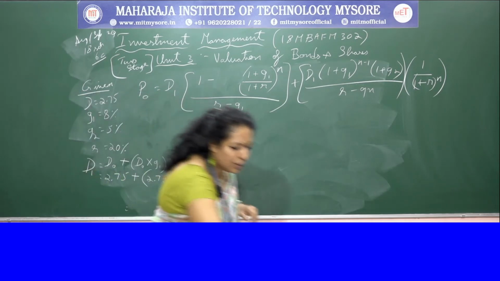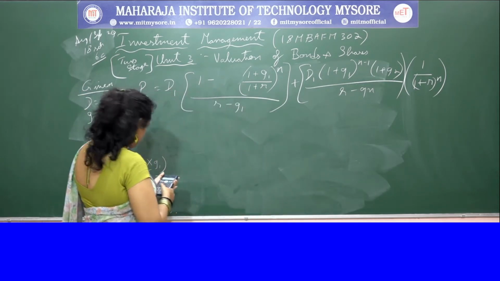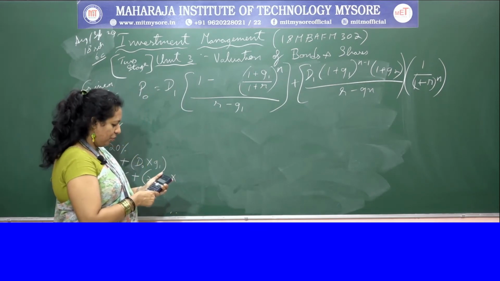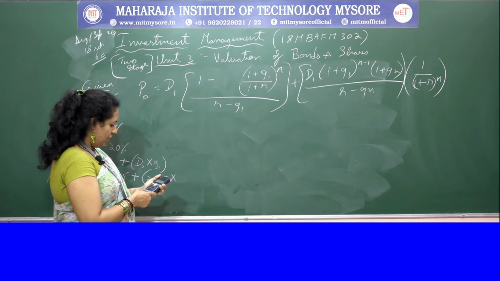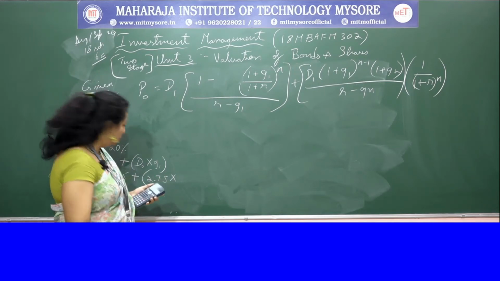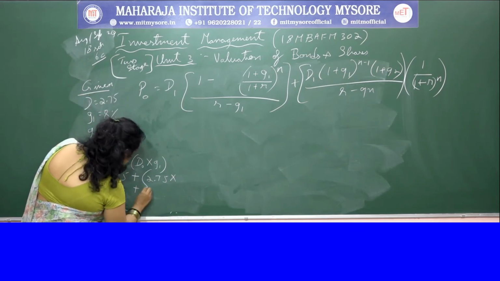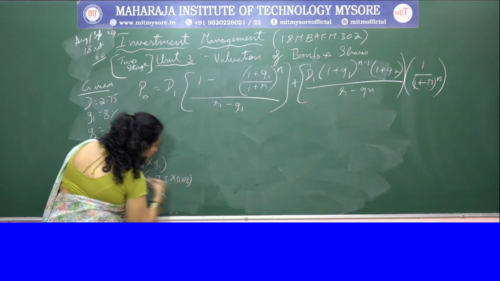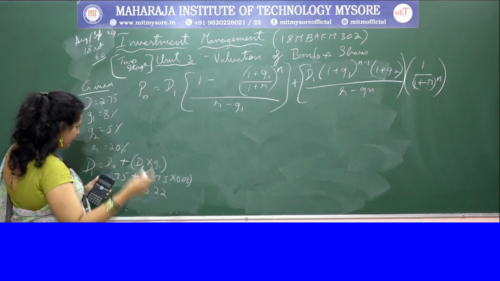So let's calculate the value. 2.75 into 8%, you get 0.22. I'll write it here, I was worrying about the space.